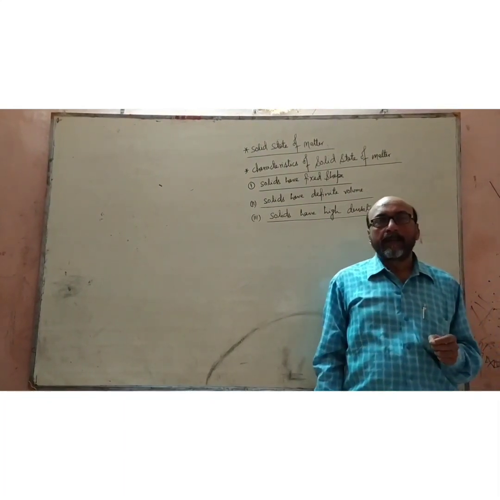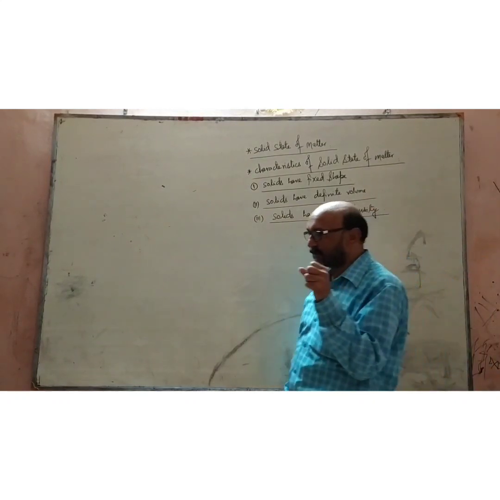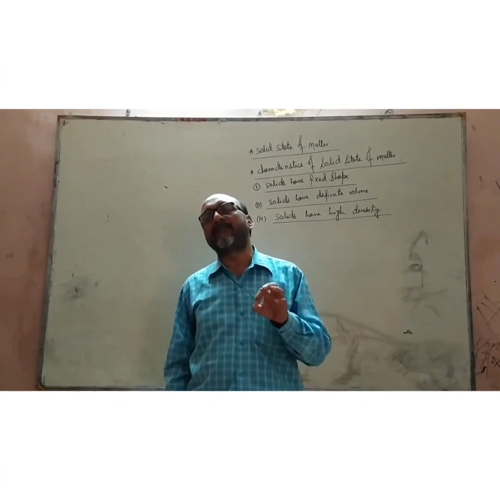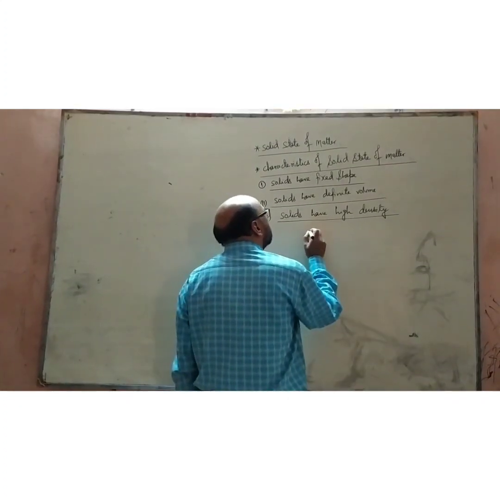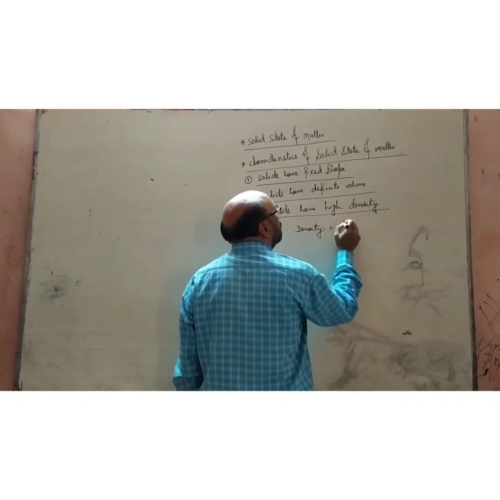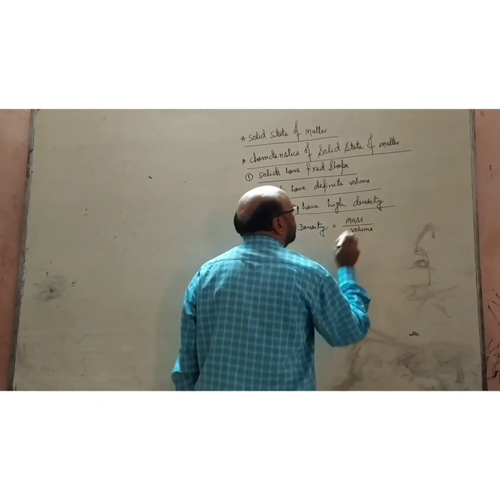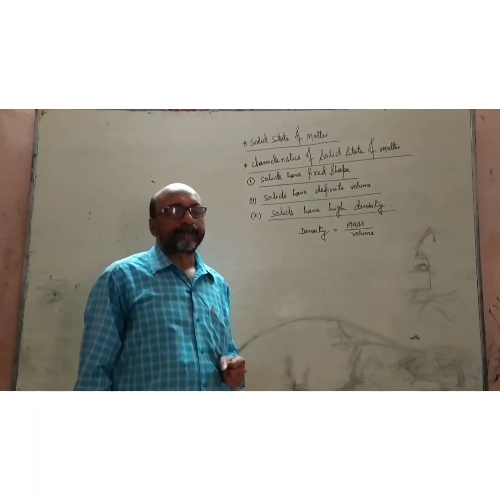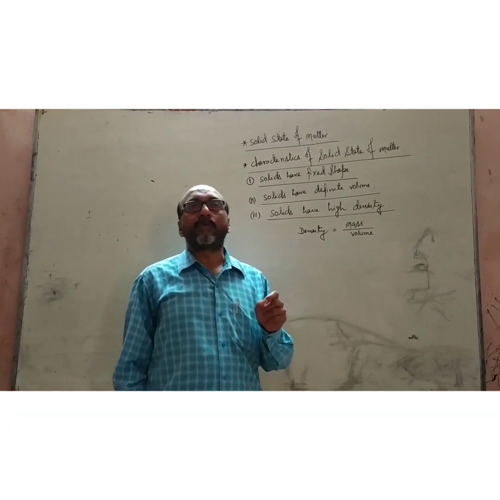You know, mass of a substance present per unit volume of the substance is called its density. The density we define like this: density is equal to mass upon volume. Means mass per unit volume.